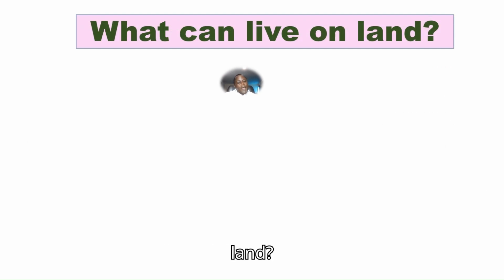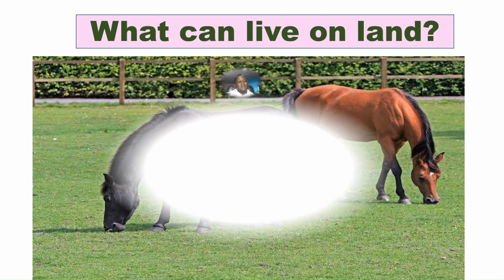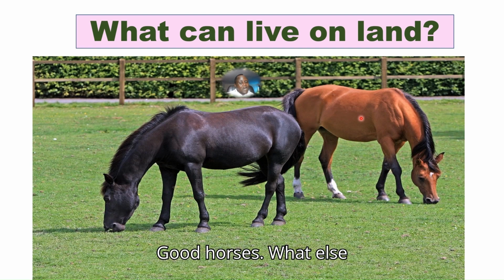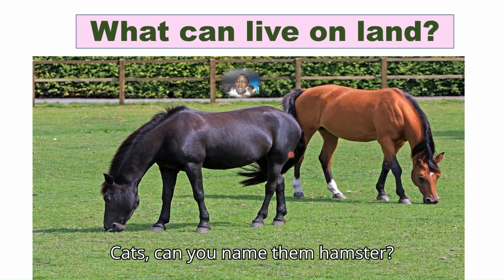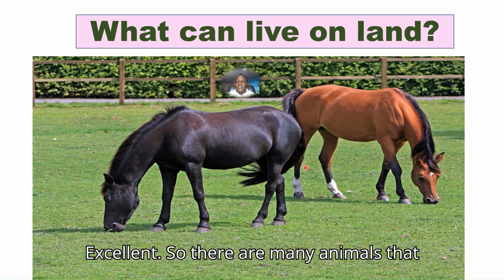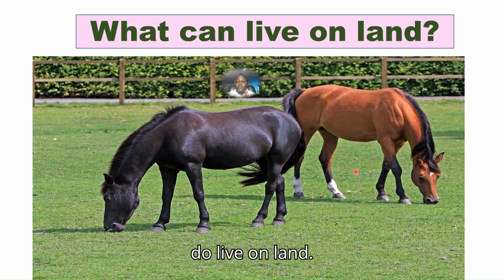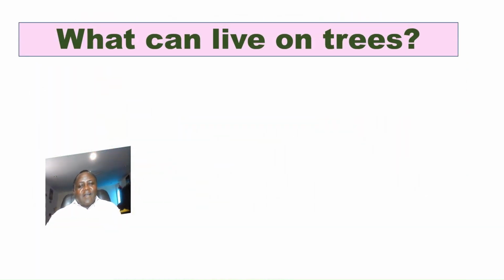What can live on land? Good. Horses. What else? Buffaloes, you and I, people, humans, dogs, cats, can you name them? Hamster, excellent. So there are many animals that do live on land. What can live on trees?